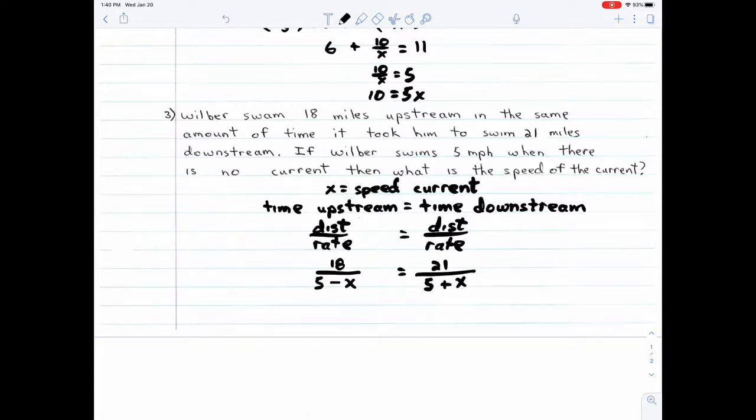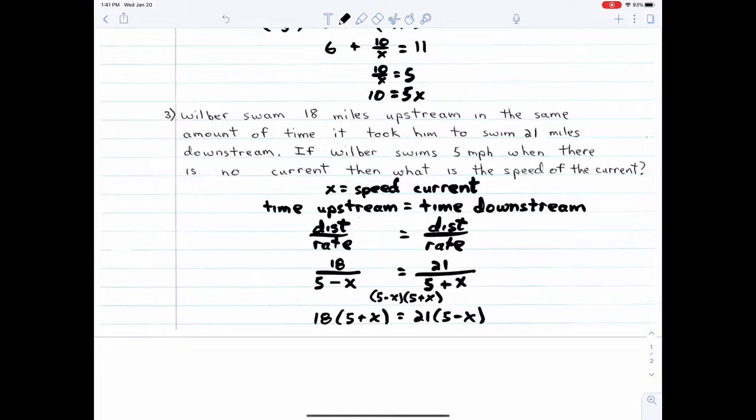Now, the common denominator here would be 5 minus x times 5 plus x. So that would be 18 times 5 plus x equals 21 times 5 minus x.